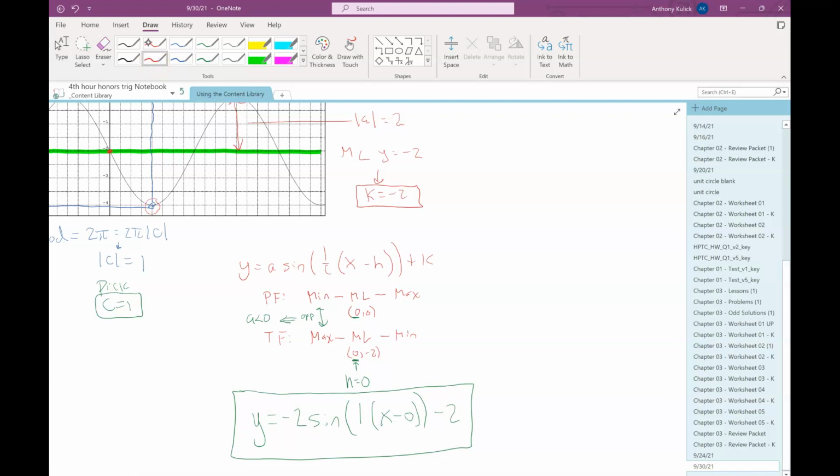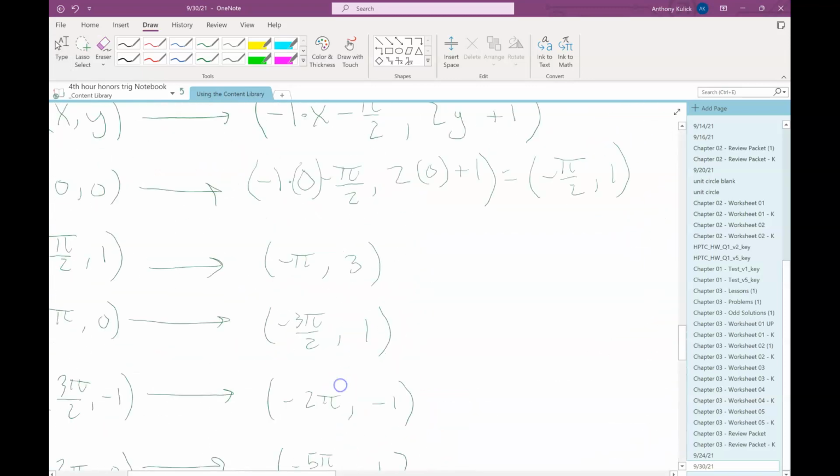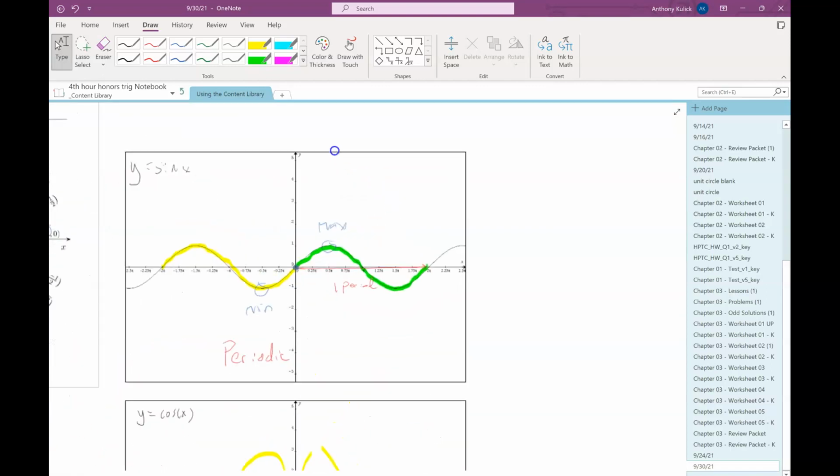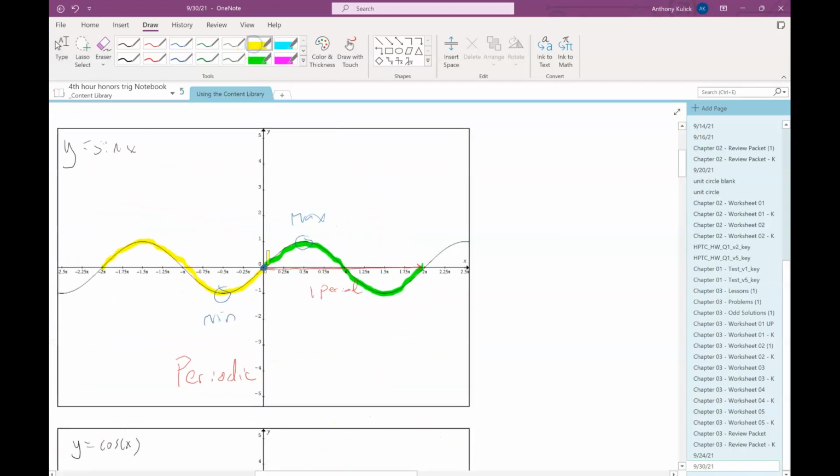Zach? So how do you figure out that the parent function was minimum, maximum, and the transform maximum? So I looked at the graph of sine x that I showed you guys in the very beginning. If I look at 0, 0, before came a minimum, after it comes a maximum.